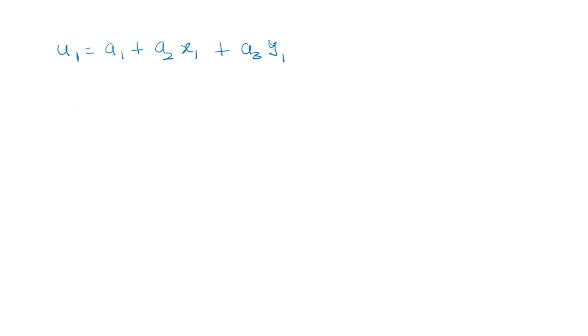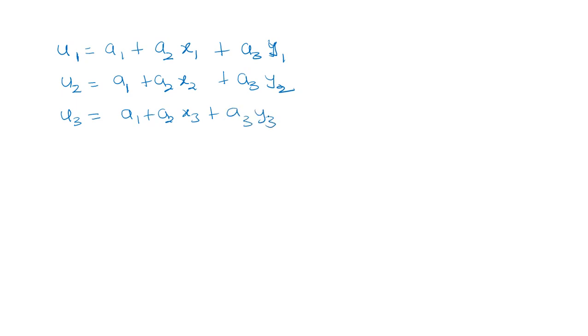At node 2, u2 is equal to a1 plus a2 x2 plus a3 y2. At node 3, u3 is equal to a1 plus a2 x3 plus a3 y3. This is equation 3.